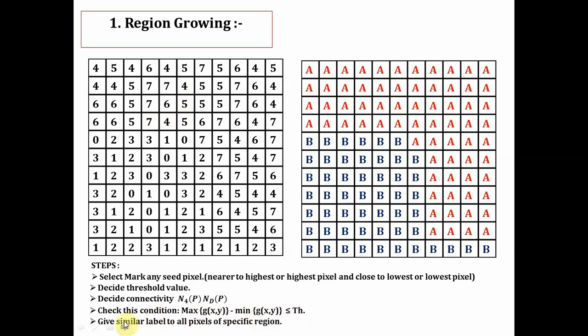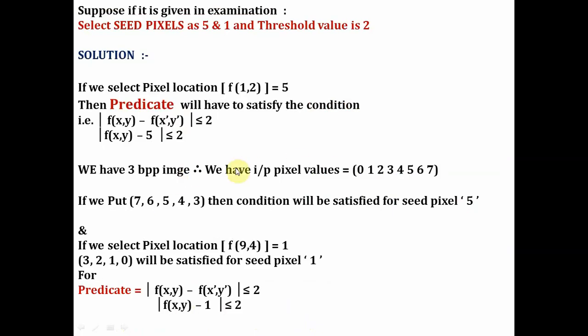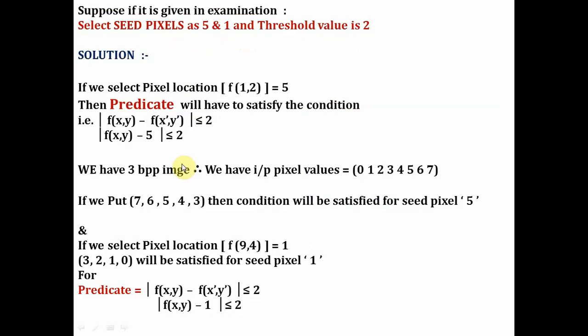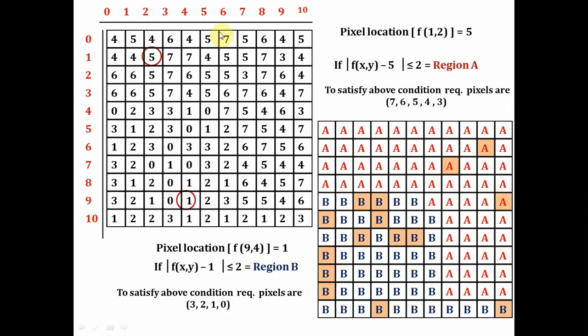Okay, now how do we do it? Suppose in the examination you are given seed pixel values 5 and 1 and the threshold value is 2. Now I can select any 5 intensity value from any location of the input image. I can select any 5, and they have said you need to select one more seed pixel, that is 1.